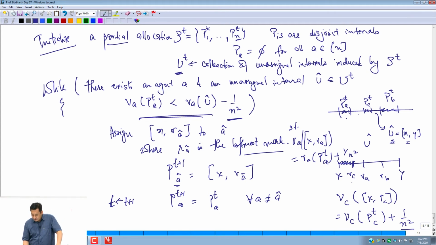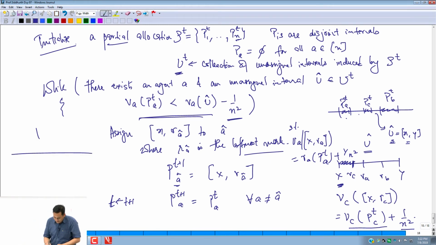You ask the agent through a cut query: find me a cut point such that if I start at x, which is the left endpoint of U hat, the unassigned interval, this is of value your current value plus this margin. U hat is an unassigned interval, so I can assign it without creating any conflict.